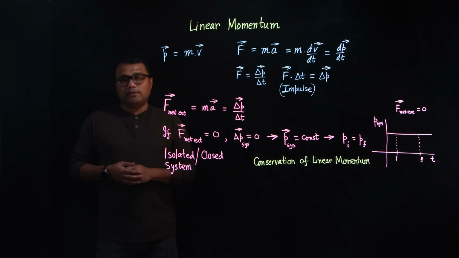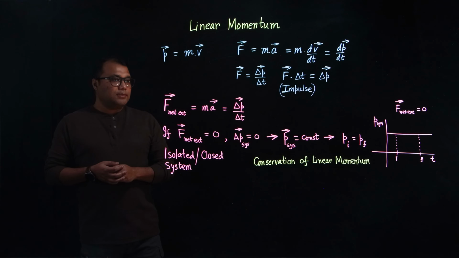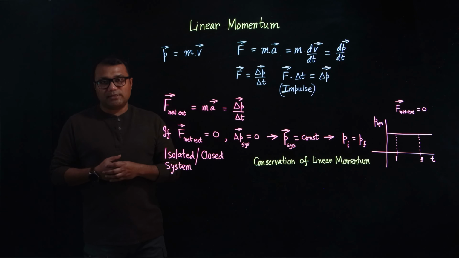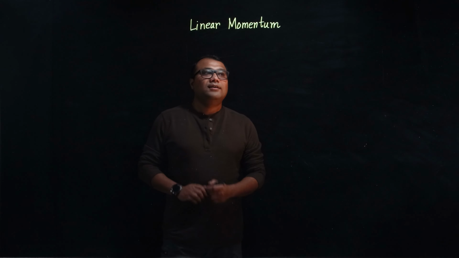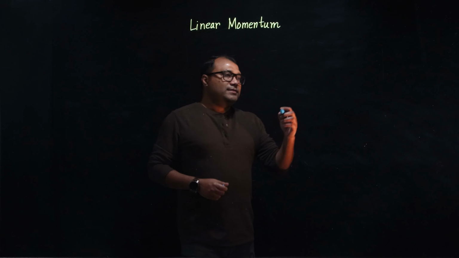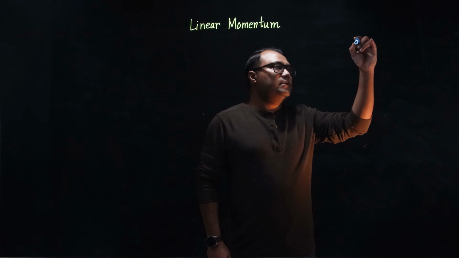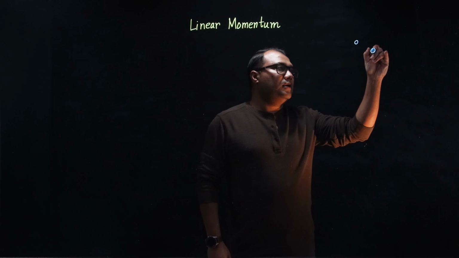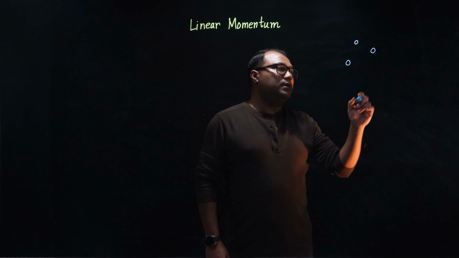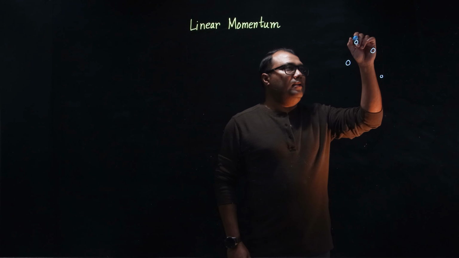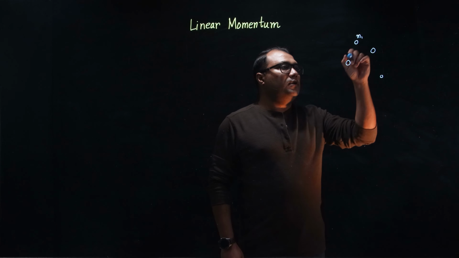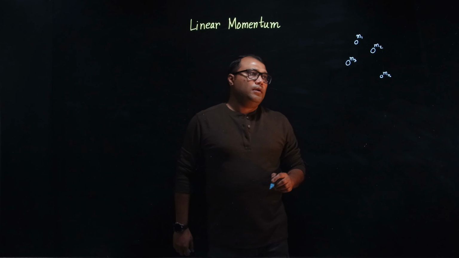Now let us consider any arbitrary system and see what exactly this means. Let us consider a system of masses. Let's say there is a mass m1, m2, m3, and like that up to mn.